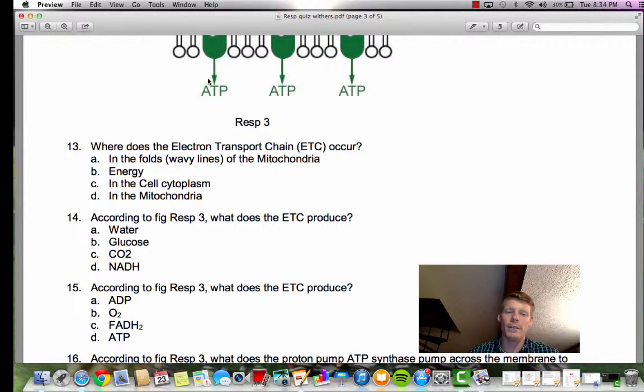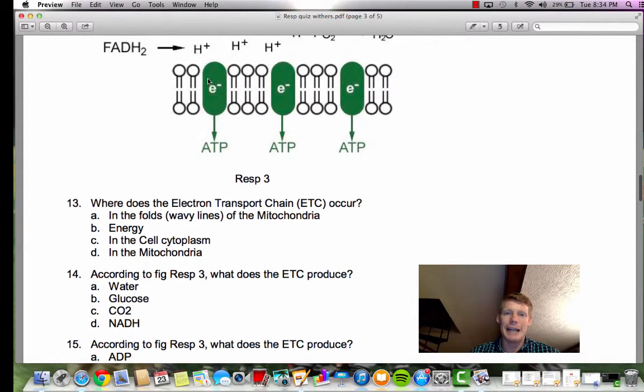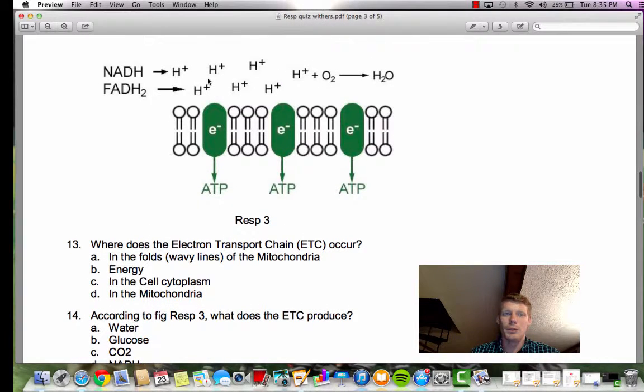Question 15. According to figure respiratory 3, what does the ETC produce? A, ADP, B, O2, C, FADH2, or D, ATP? What does the ETC produce?